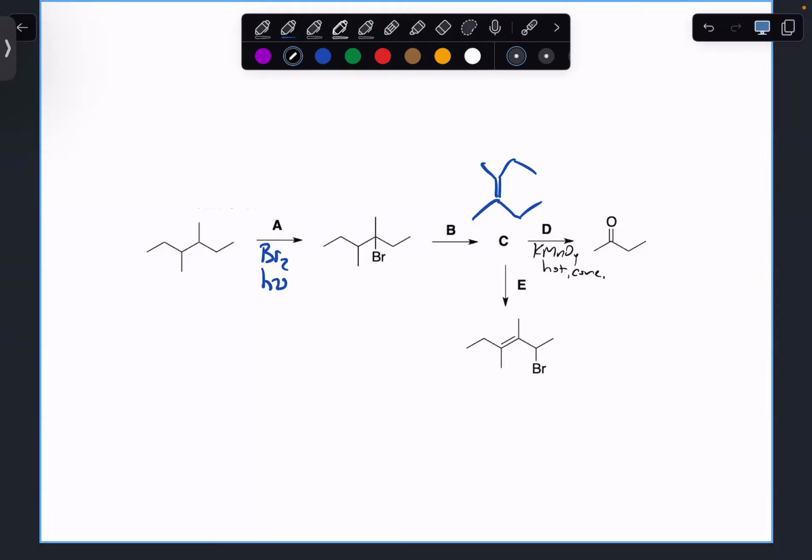All right. Well, then what do we have? Let's go down to E. How can we take this thing and make it into that thing? Actually, I'm going to fix my double bond so that it's more in line with the actual product.